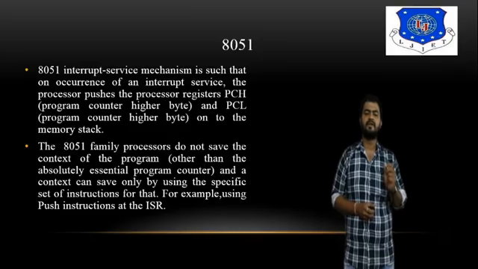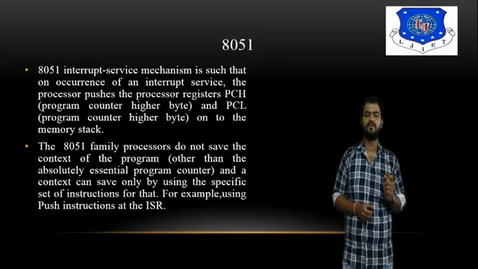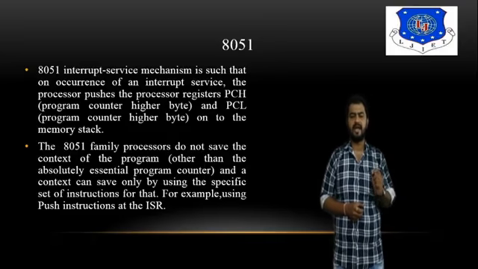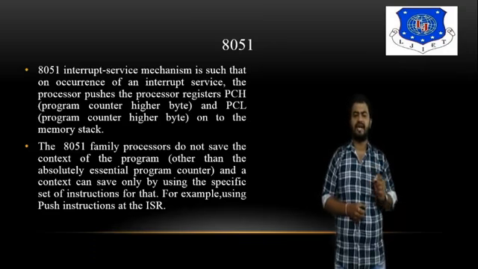The 8051 family processor does not save the context of the program other than the absolutely essential program counter, and a context can be saved only by using a specific set of instructions, for example, using the push instruction in the ISR.